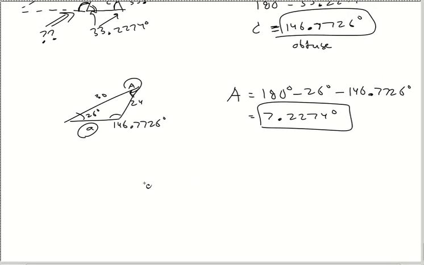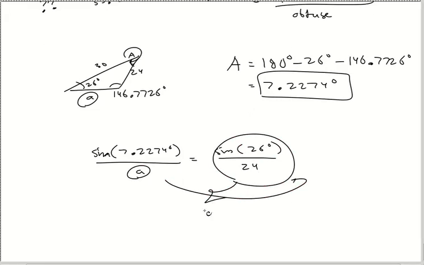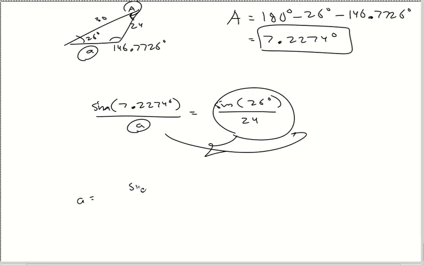And then finally, I can find little a by doing sine of A over little a is equal to sine of, again, B is probably the most accurate, over little b. Same thing as last time. Multiply, divide. We've already done this a lot.